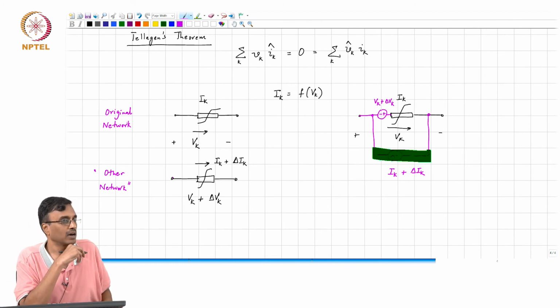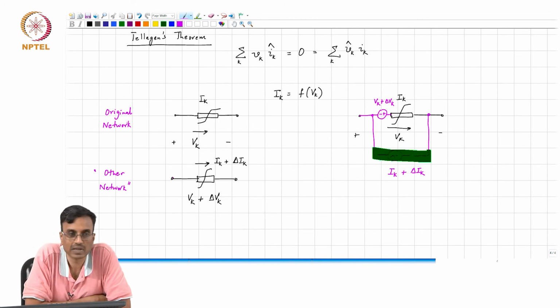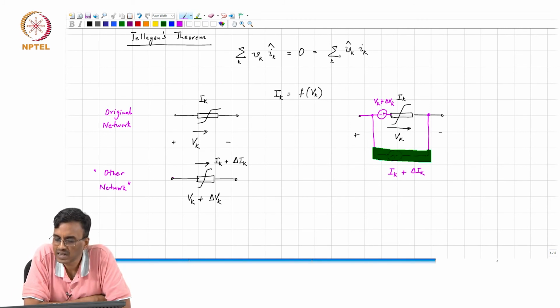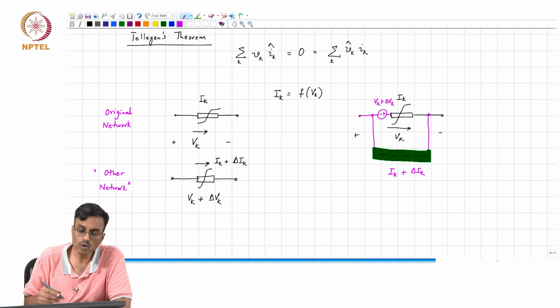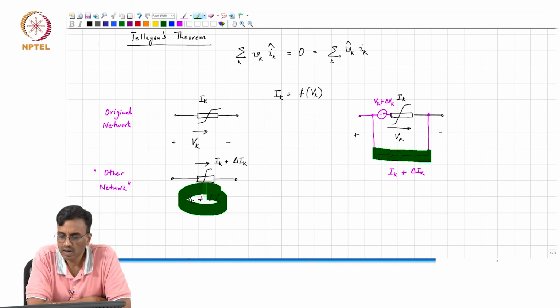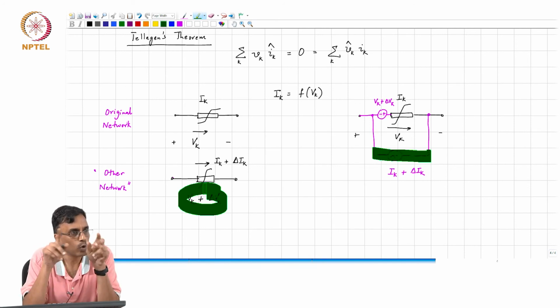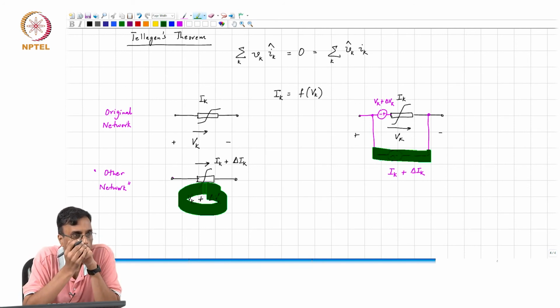What comment can I make about what will happen if I put a voltage source of Vk plus delta Vk? Remember, Vk plus delta Vk corresponds to the branch voltage in that branch where I've changed a source, right? So what if I do this for every branch, what comment can we make about the net voltage that we've added in every loop?